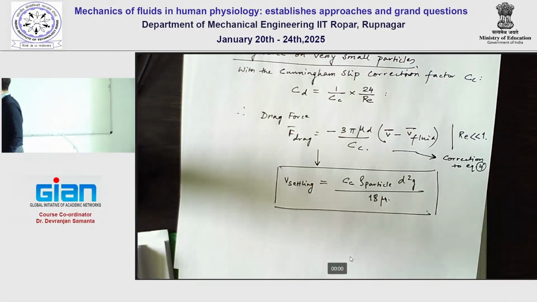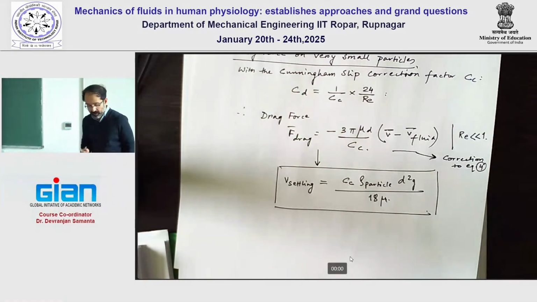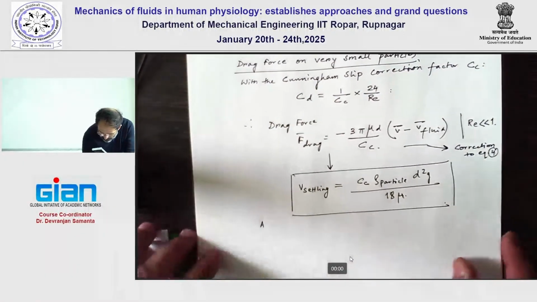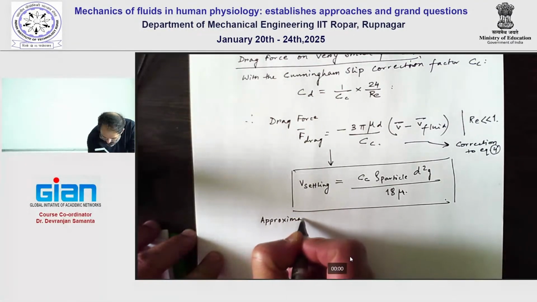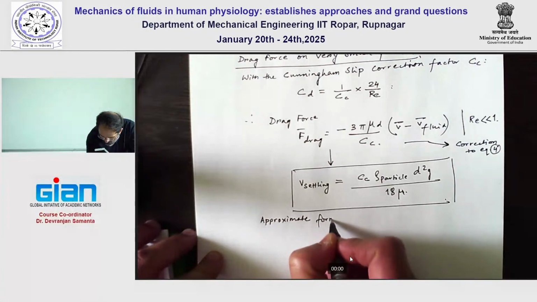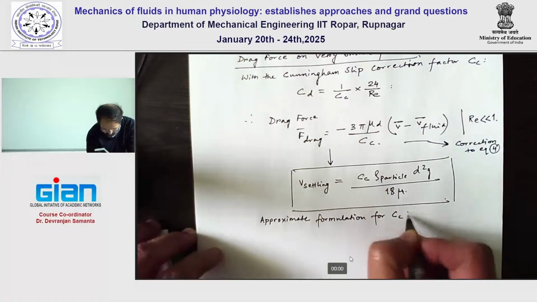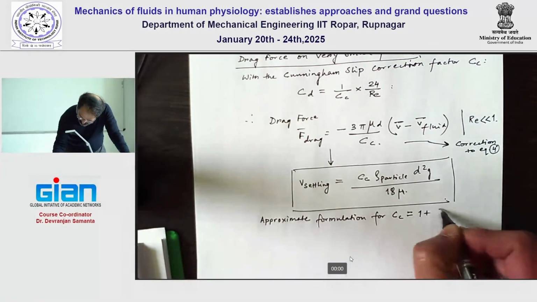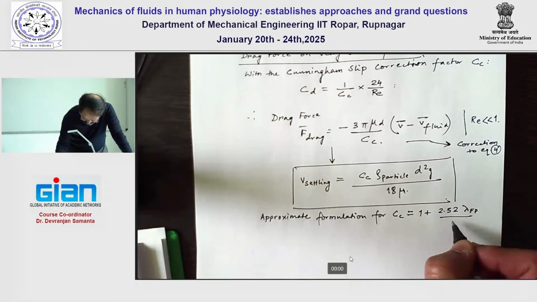Now there should be a way to calculate what this Cunningham slip correction factor is, and it is a function of the mean free path. The approximate formula for the correction factor is Cc equals 1 plus 2.52 lambda FP divided by d.